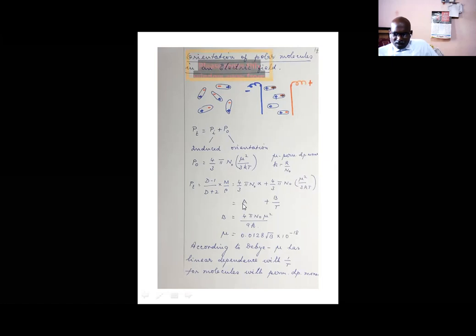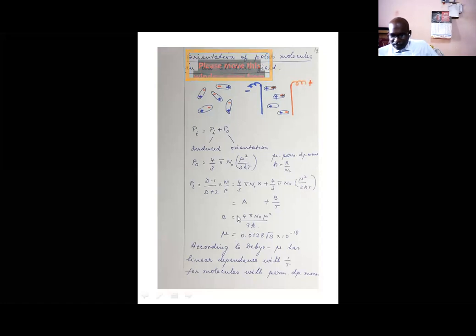Right. Now, this entire term can be written as A, and this entire term can be written as B by T. Look here, B by T, where B is equal to, except T, you can take all other terms, 4 pi n0 mu square by 9k.